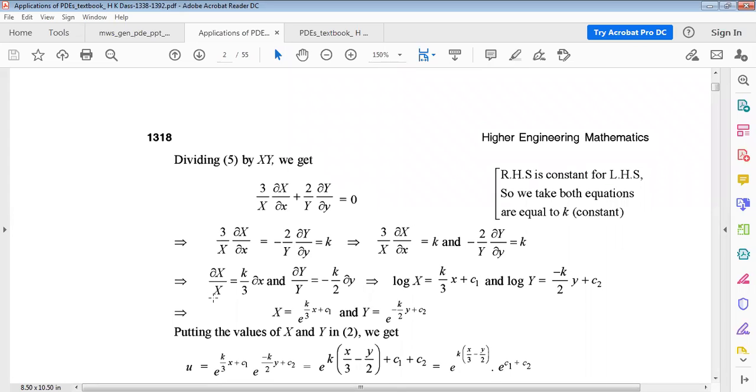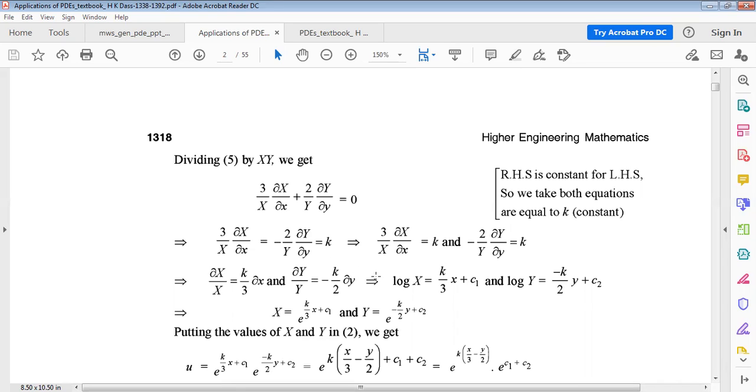So this can be written as del X by X equals to k by 3 into del x by variable separable method. Understand? Multiplying by del x on both sides and dividing by 3 on both sides, from this we get. And again this can be written as this, just variable separable, capital Y on the left hand side and small y and the other constant on the right hand side.